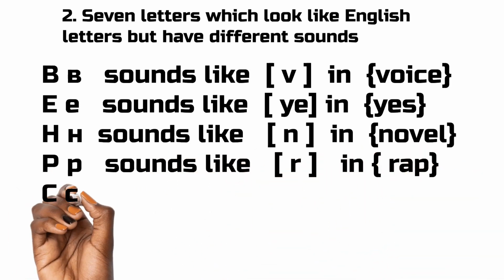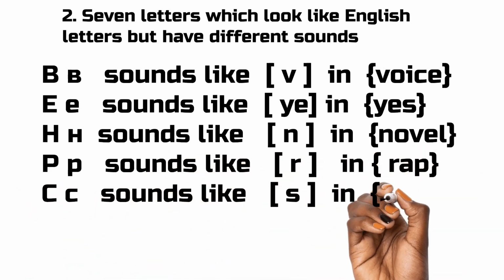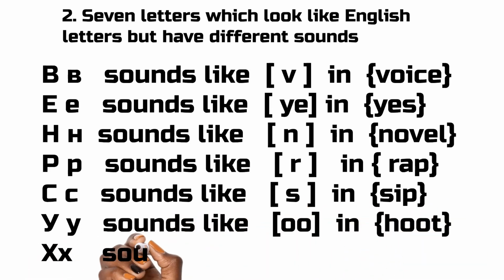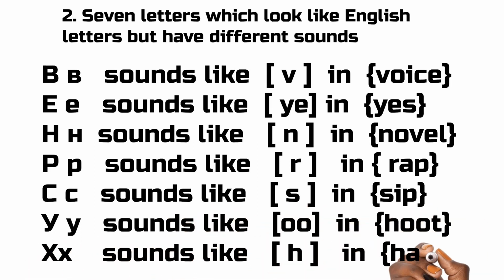N sounds like N in novel. R sounds like R in rap. S sounds like S in sip. U sounds like oo in hoot. H sounds like H in habits.